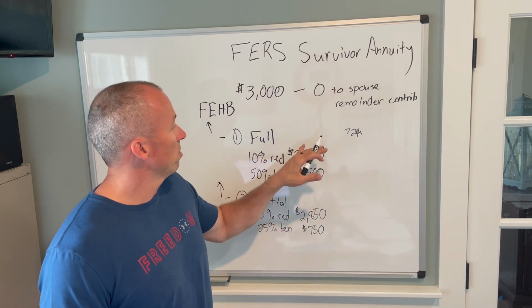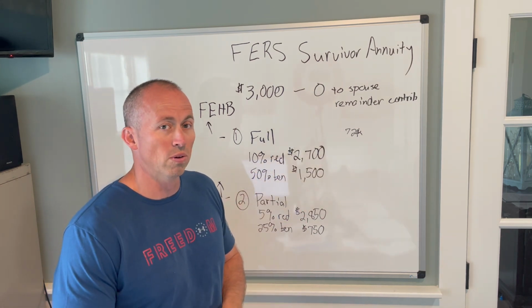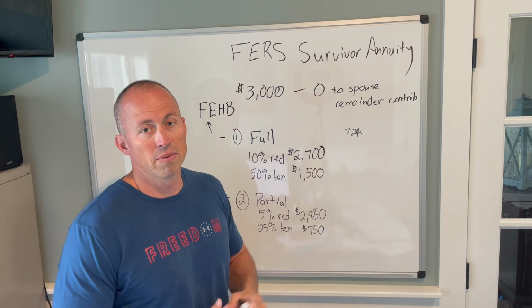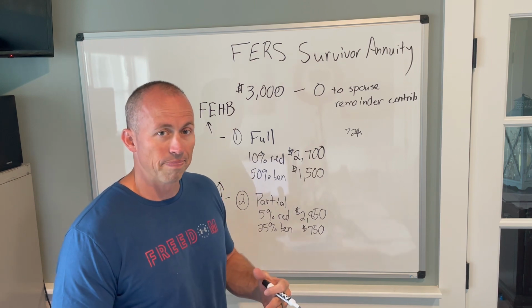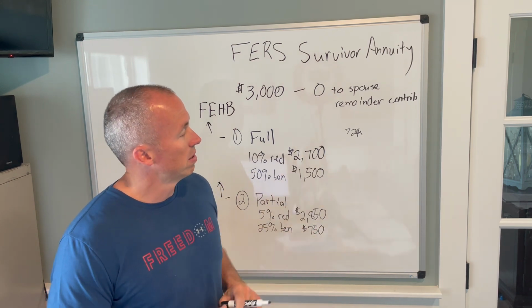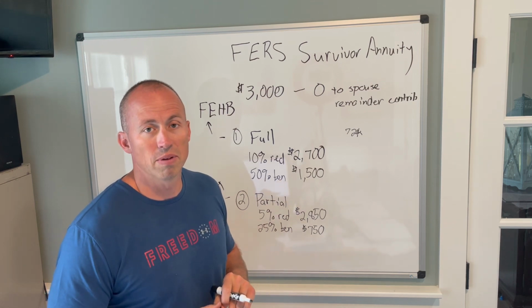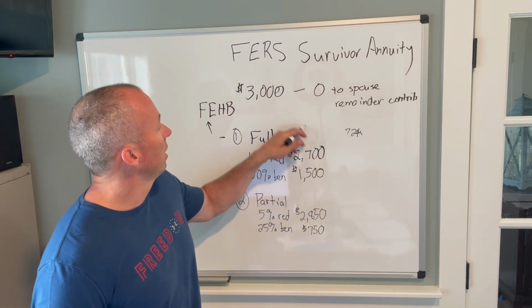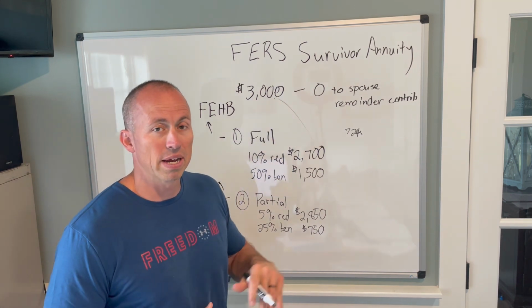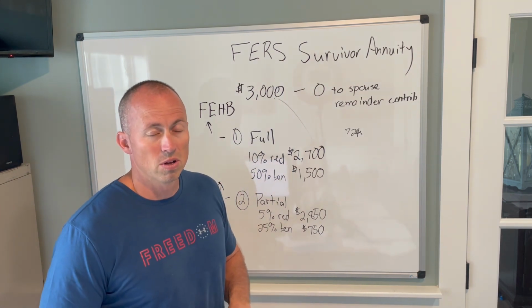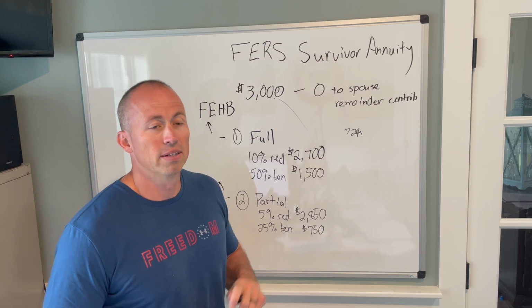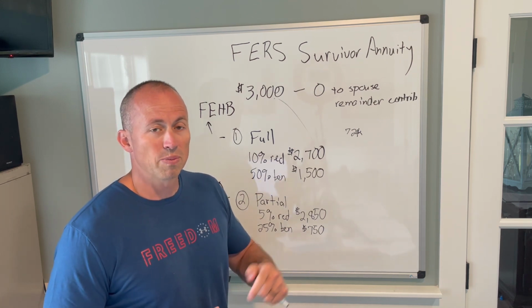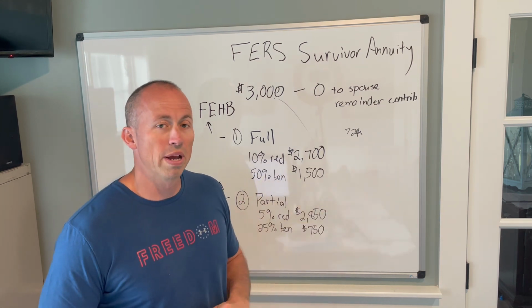Now, your spouse passes before you. Do you get any of that money back? The answer is no. But you can contact OPM and let them know that your spouse has passed, and they will increase your annuity back to the full amount, all right? So you do not get anything back, but if your spouse passed before you, they will go back to 100%.